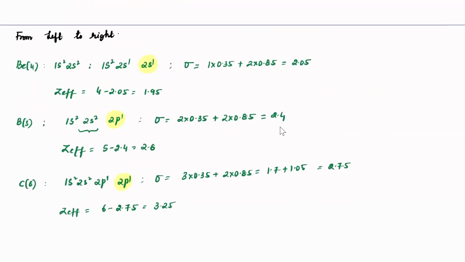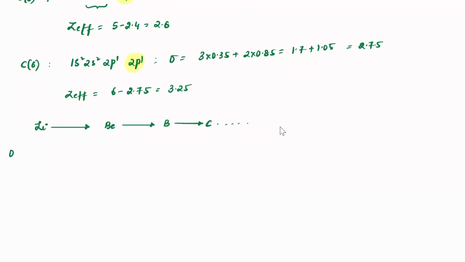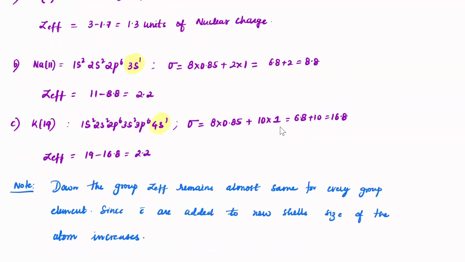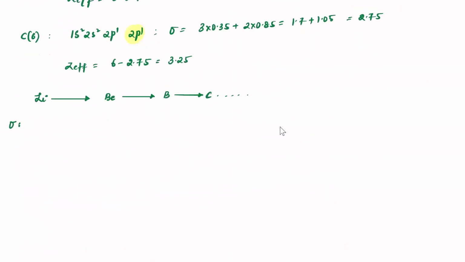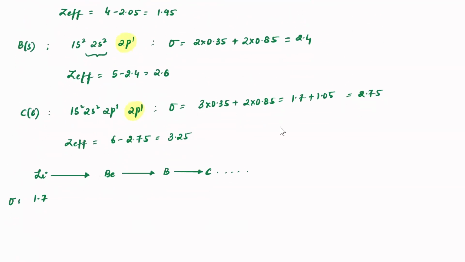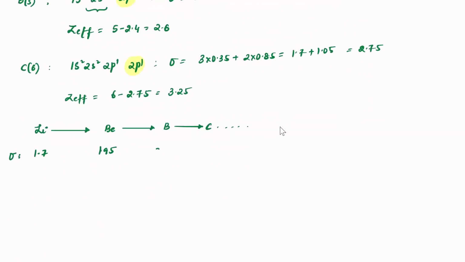Correct? Now please understand one thing. If it starts from lithium onwards, lithium towards beryllium, towards boron, towards carbon, and so on, if we check, the sigma value is actually increasing. For lithium it is 1.7, for beryllium it is 1.95, for boron it was 2.4, and now here it is 2.75.